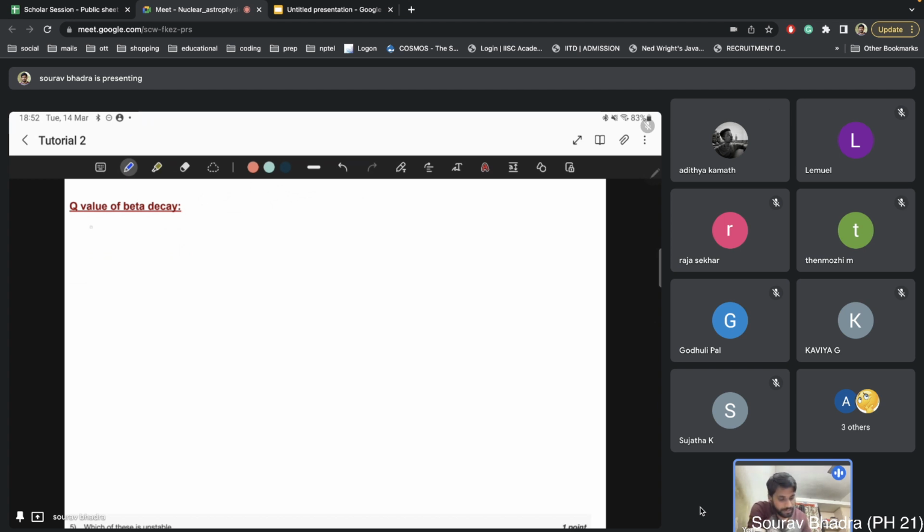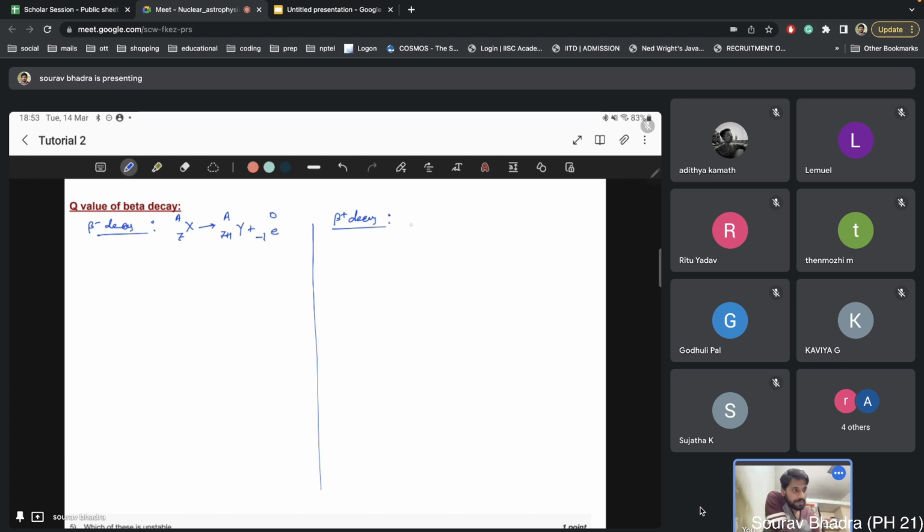There are two types of beta decay. One is beta minus decay and one is beta plus decay. I will do it for both of them. Beta minus decay is a particle X with Z and A, where Z is the proton number and A is the mass number, which decays like this, and there will be an electron, minus 1 e 0, the electron.